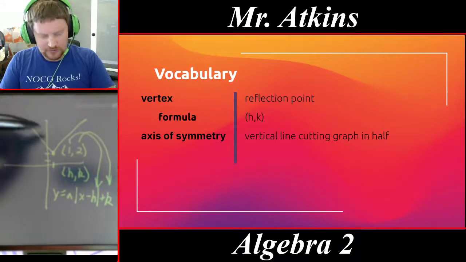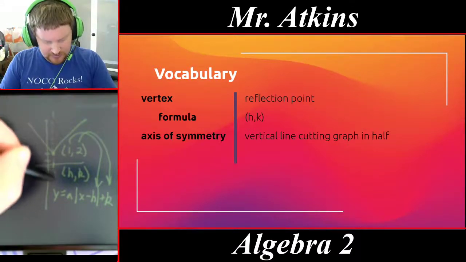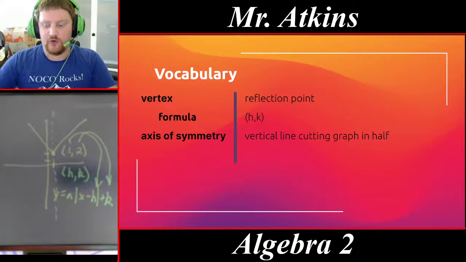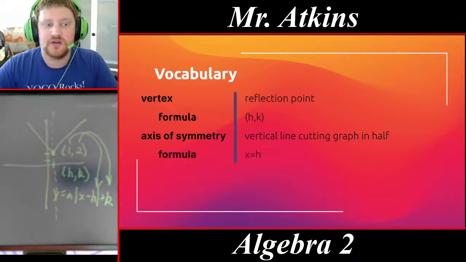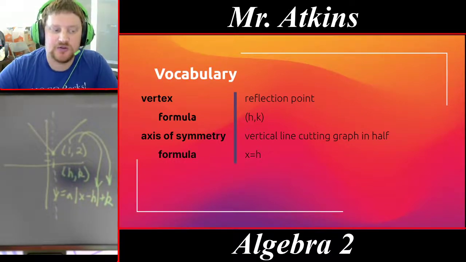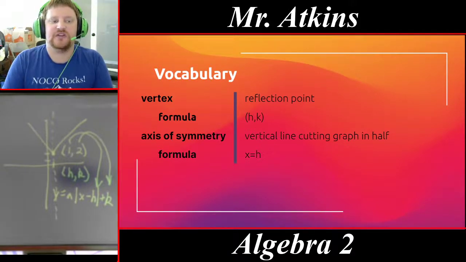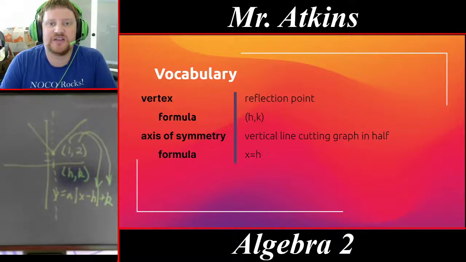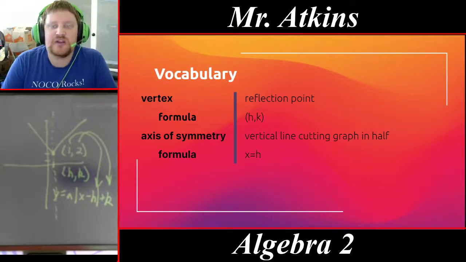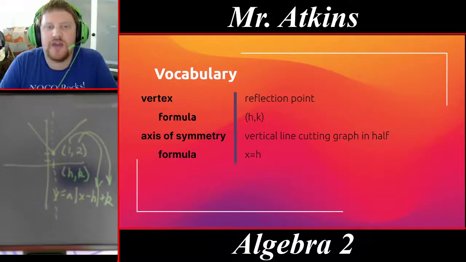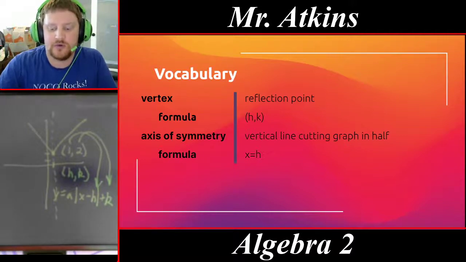So in this case, it would be right here. And the formula for that vertical line is x equals h. Those are really the only two pieces of vocab that we have, vertex and axis of symmetry, but it is very important to know both of them and know the formulas for them.